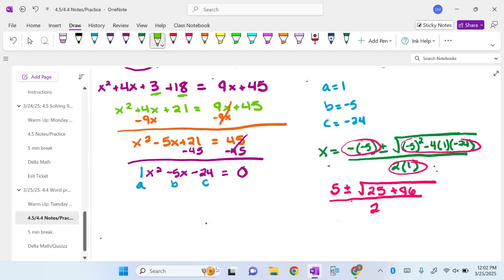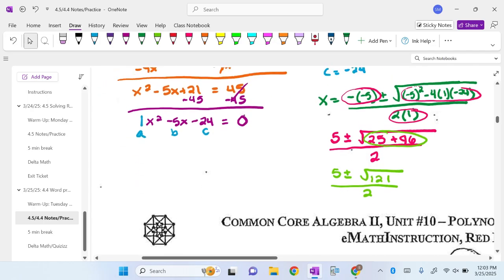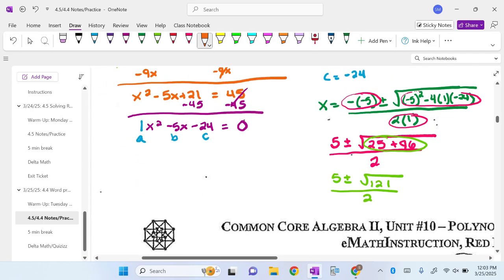Now I'm going to take care of what's under the radical. So I have 5 plus or minus the square root. 25 plus 96 is 121. Is that right? Yes. Okay, 121 all over 2. 121 is, in fact, a perfect square. So the square root of 121 is 11. So I have 5 plus or minus 11 over 2.